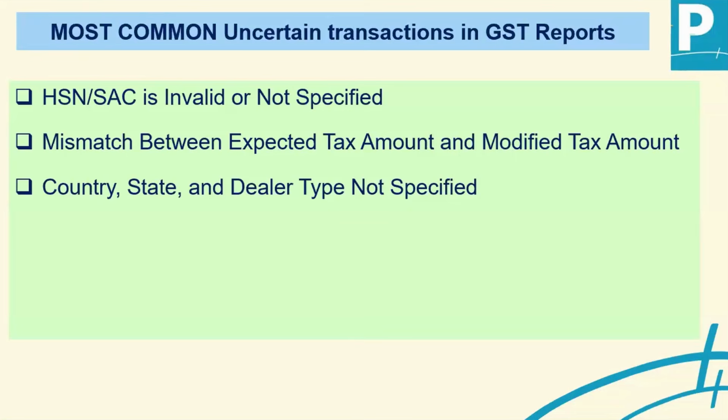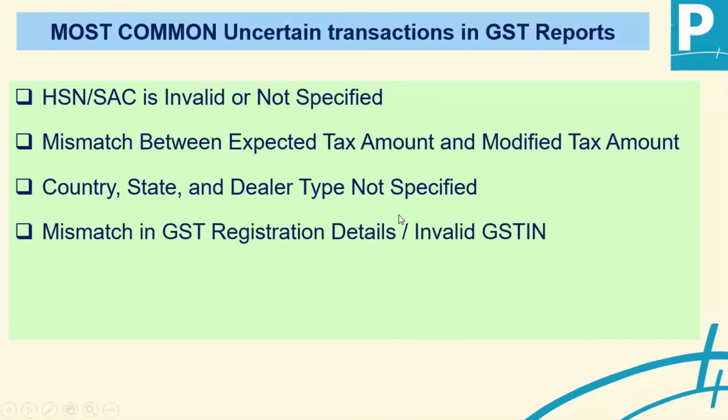All of your entries would be marked as corrections needed. So this place of supply as well as the UQC, unit quantity code, has to be taken care of correctly. Then the other part is mismatch in GST registration details, invalid GST.